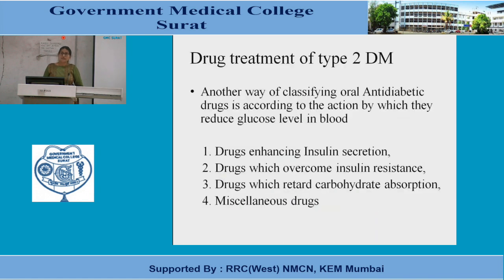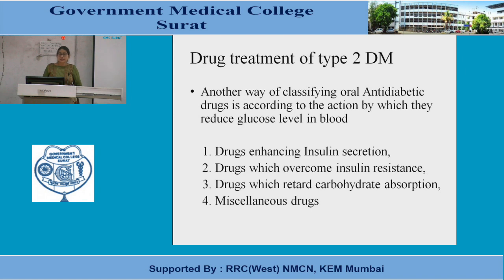There can be another way of classifying the drugs for the treatment of type 2 diabetes mellitus, and here we classify them according to the action by which they reduce the glucose in the blood. One way is drugs which enhance insulin secretion.